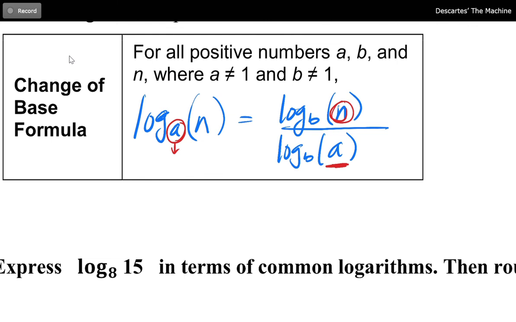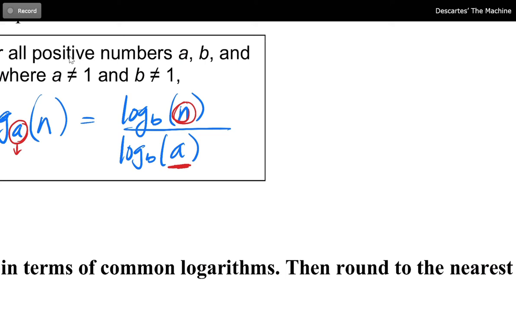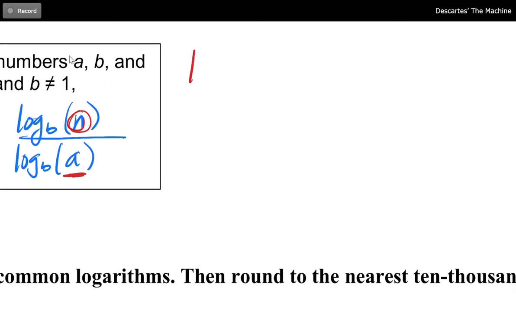So here's an example. Let's say that I would do something like log base 5 of 12. Gee, I don't know how to do that on the calculator because I don't have log base 5 as an option. I only have log base 10. If you have a TI Inspire, you actually have a way to type in a base. It'll do bases other than 10 and E. But anyway, here's how this would work.